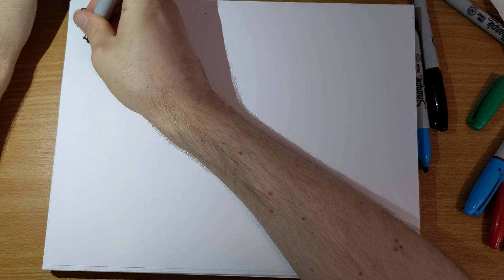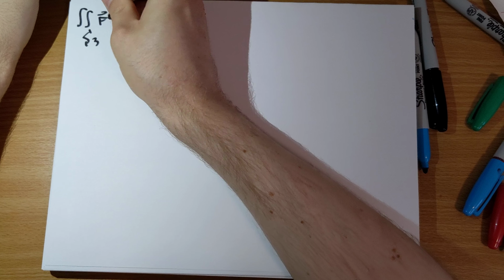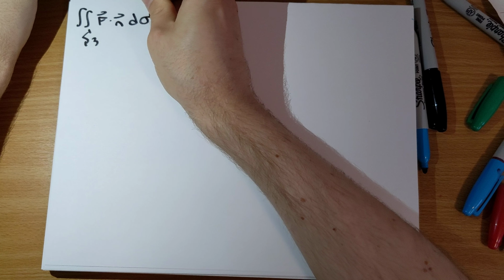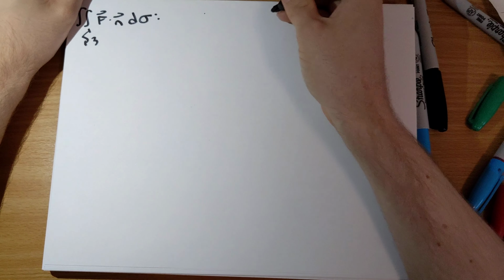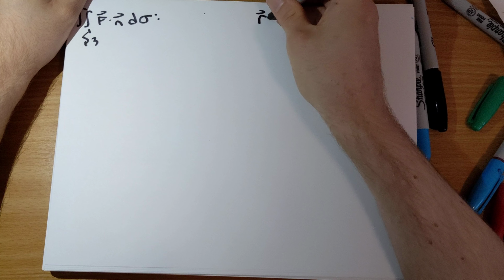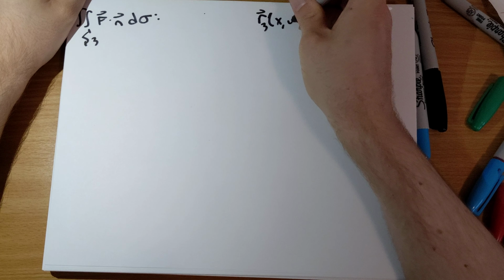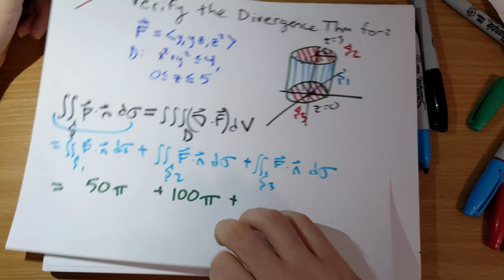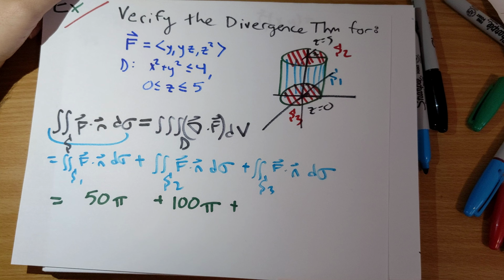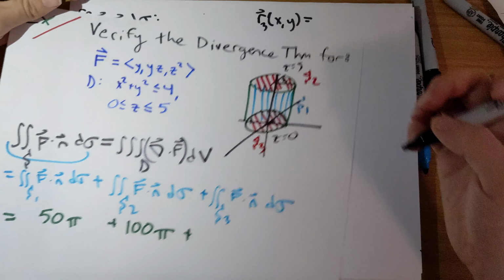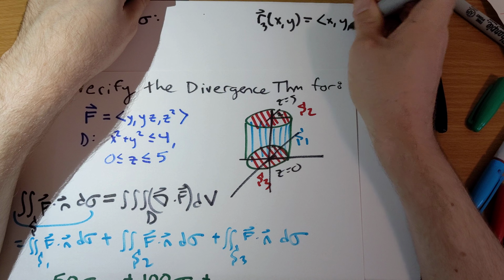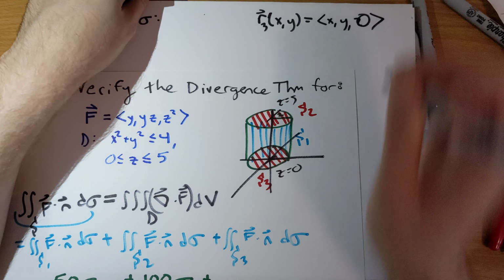The double integral over S3 of F dot N d sigma. Here, the surface is going to be R3 of x, y. So we can just parametrize this by x, y, and z is equal to 0. x, y, and 0.